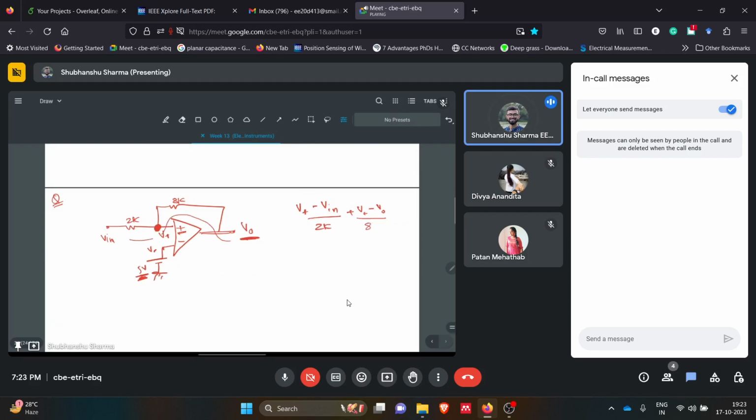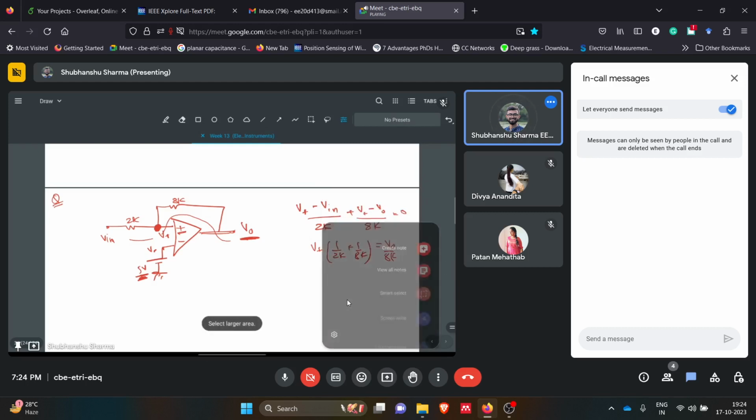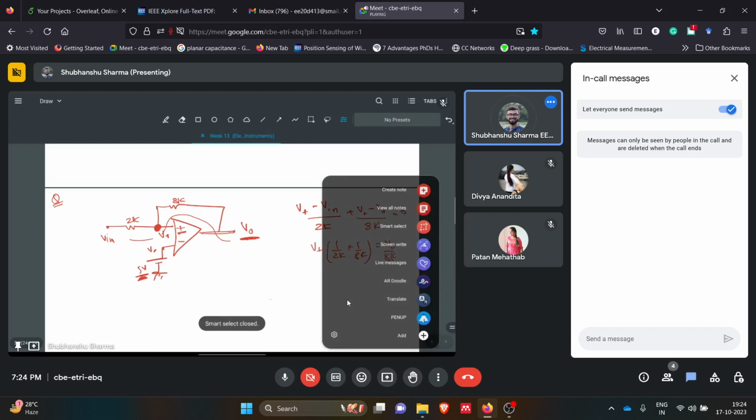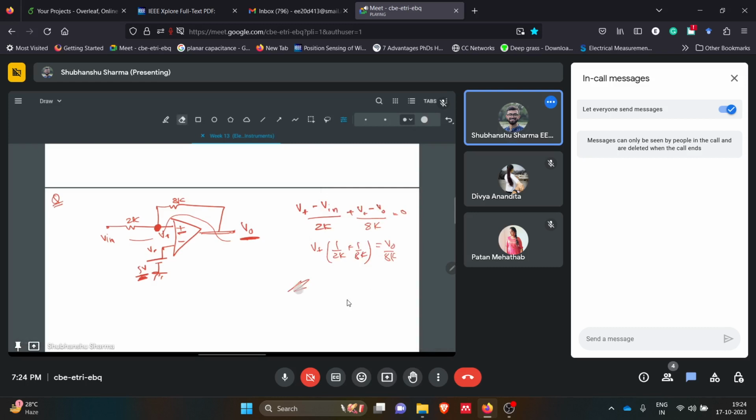So this will be a node equation equal to 0, and from this we will get V plus by (1 by 2k plus 1 by 8k) equals V naught by 8k plus V in by 2k.